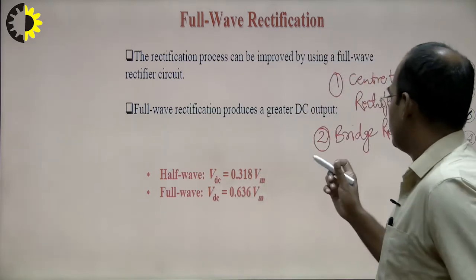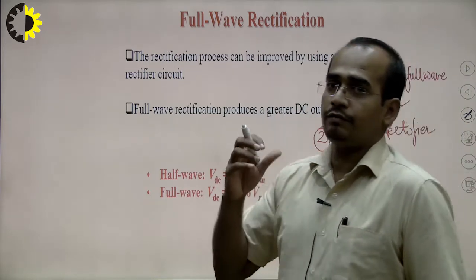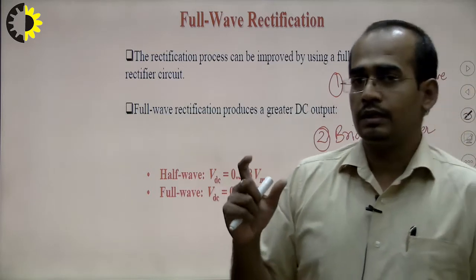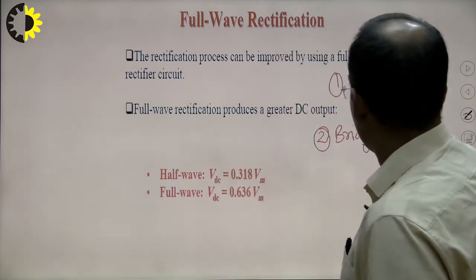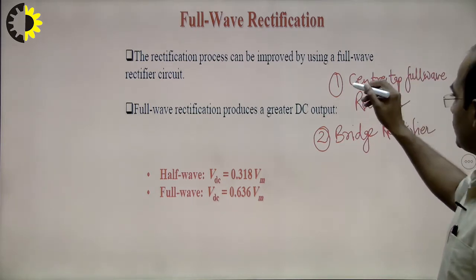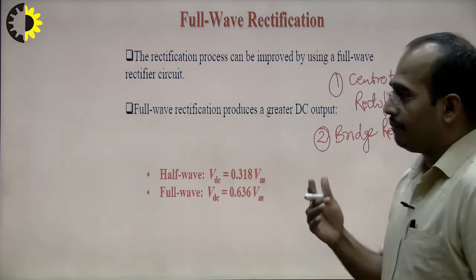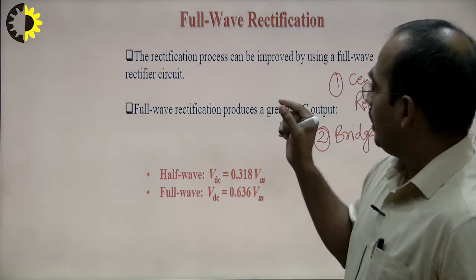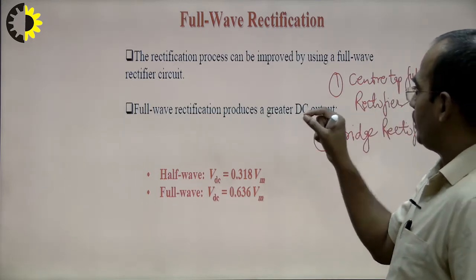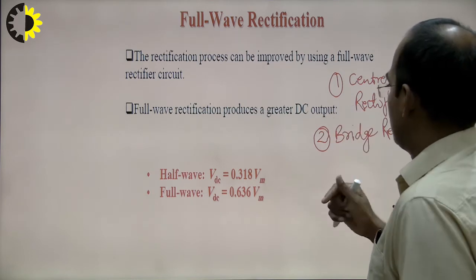Okay, for improving the efficiency and reducing the ripple factor of the half wave rectifier, we use the full wave rectifier. What is the difference between center tap and bridge rectifier? In the center tap full wave rectifier, we use a different type of transformer in which the load resistance is connected from the midpoint of the secondary winding.